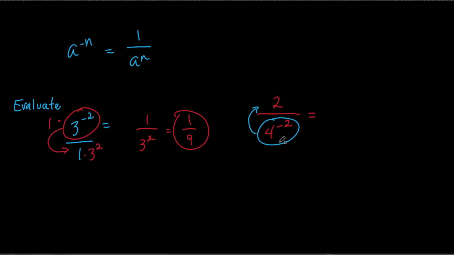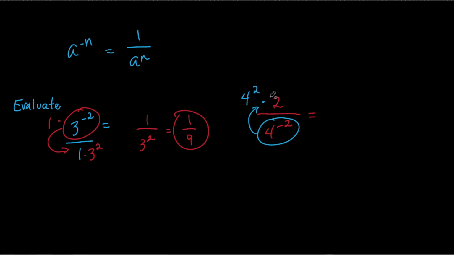What's left on the bottom after I flip it? Just a 1, right, because it's 1 times this. Do I really need the 1 on the bottom if that's the only thing down there? Not really, okay? Now, when I flip it to the top, I got to change it to 4 to the positive second.